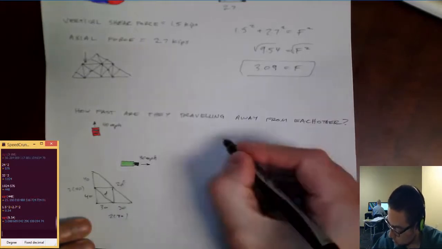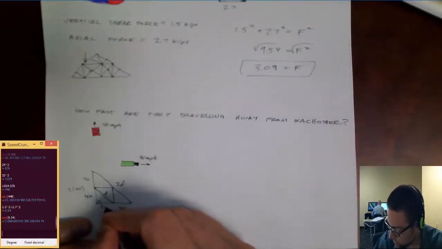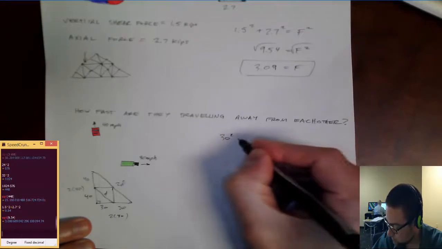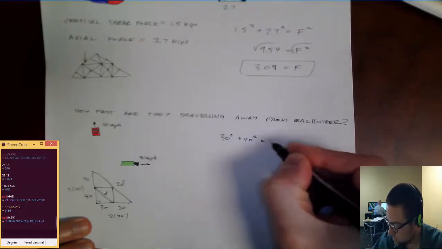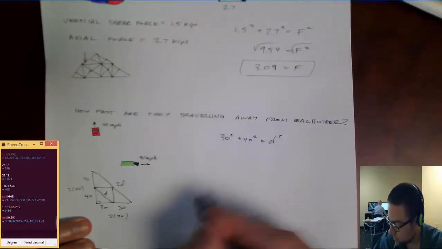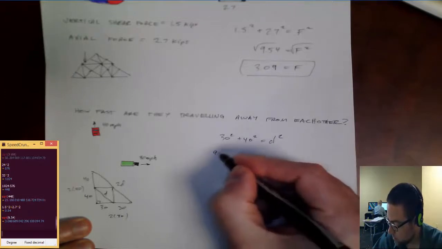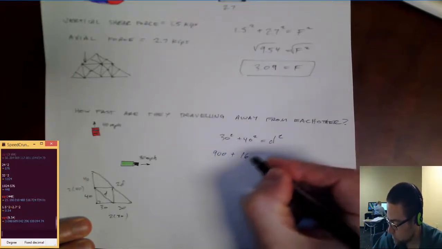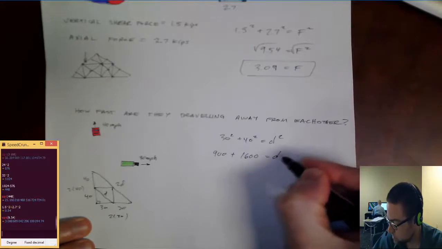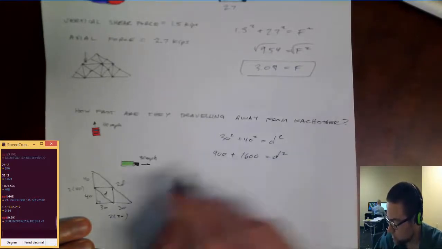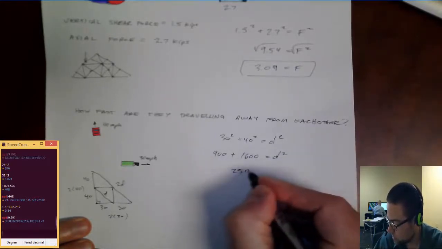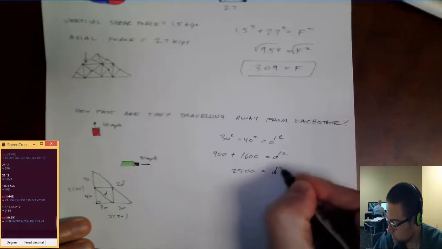Okay, so this right triangle, we have 30 squared plus 40 squared equals d squared. And this would be 900 plus 1600 equals d squared. And then 900 plus 1600 would be 2500 equals d squared.